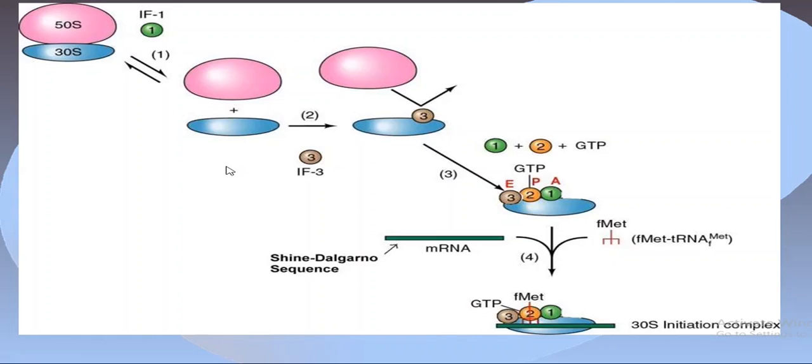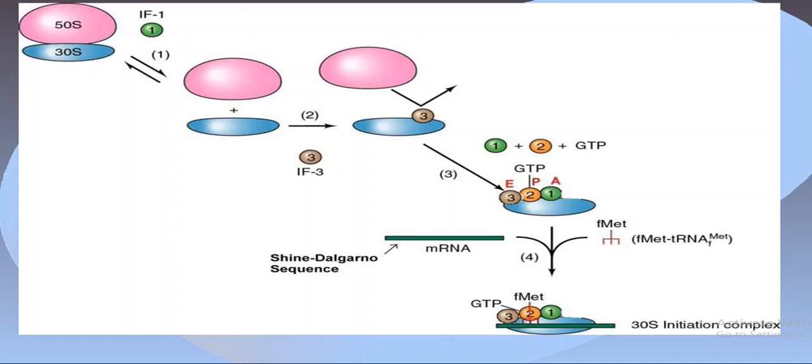In this picture we can see the separation of the smaller and larger subunits of ribosomal RNA by binding to the initiation factor 1 and 3.